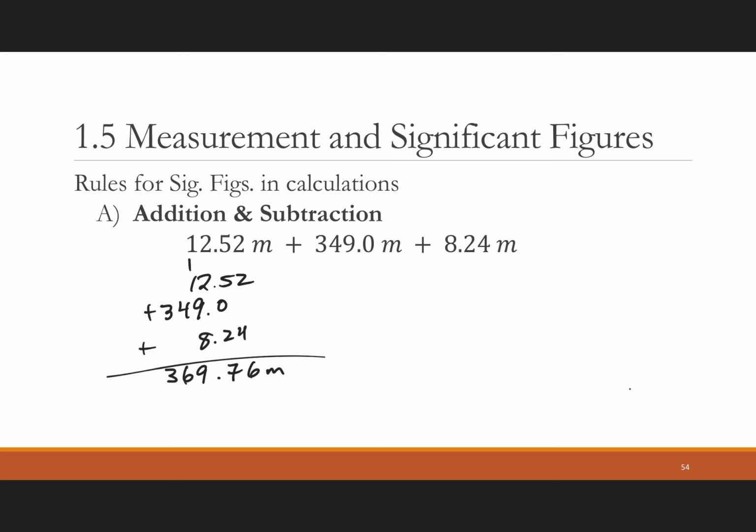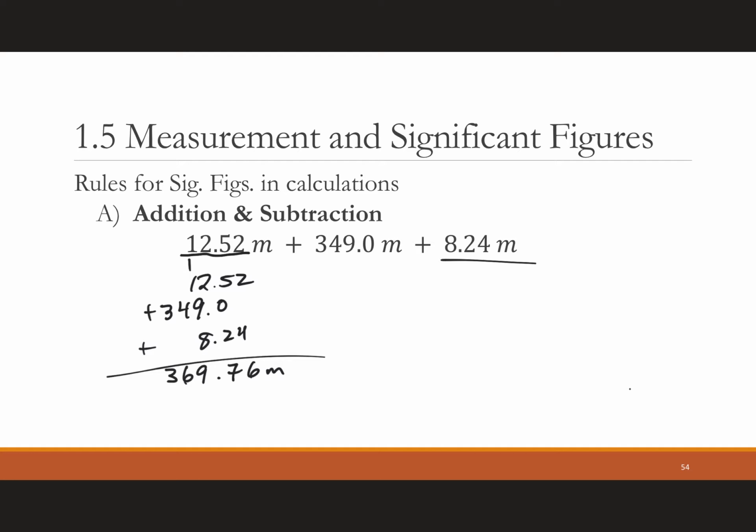But this is in a science class. These would be lengths that you would have measured with a ruler. Now, it turns out that, this is a ruler, a measuring stick that would be, let's say, 20 meters.